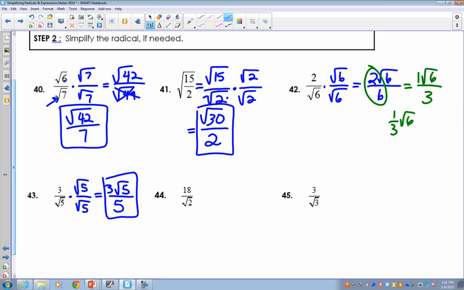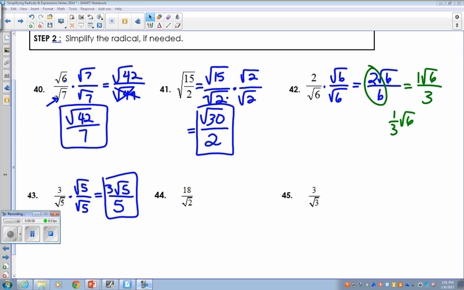So once you try to simplify 44 and 45, I'll put the answer up here. So go ahead and pause the video and then come back and see if you get the final answer.